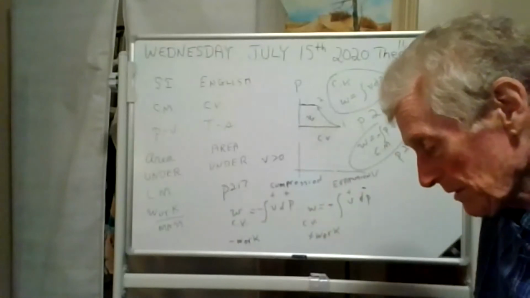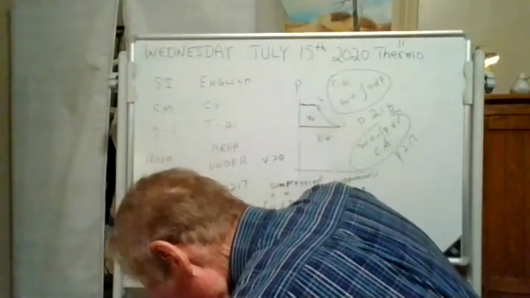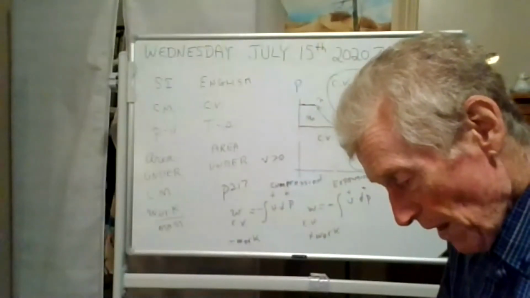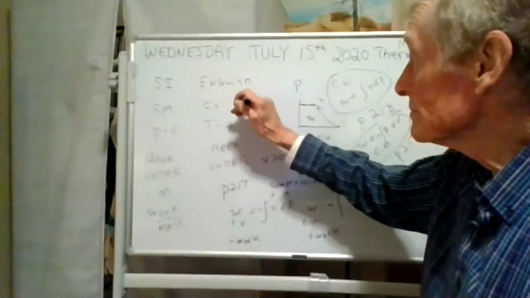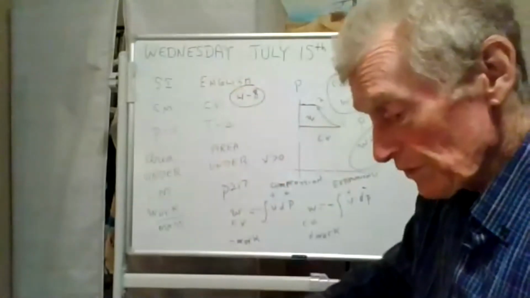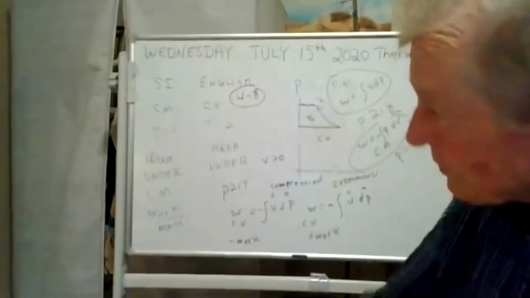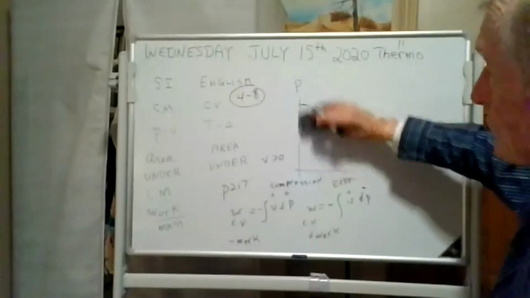I want to take our time left and work a problem with you. This is problem number 4.83. Today is a little bit of a review day. When we come back on Monday, I think what we're going to do is the Stirling cycle.